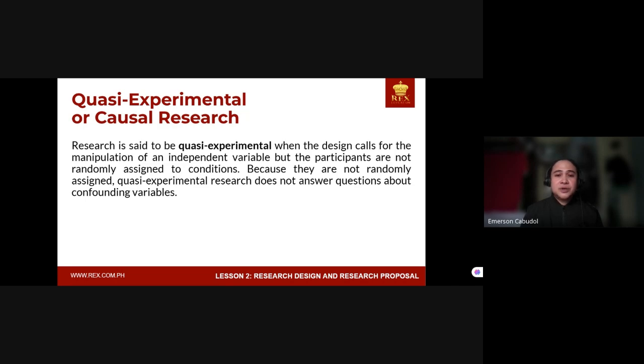Because customers were not randomly assigned to groups, this is a quasi-experimental design. While the study can provide insights into the effectiveness of the marketing strategy, it cannot definitively establish a causal relationship due to the potential for confounding variables.